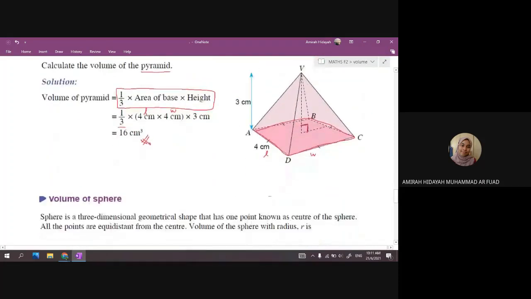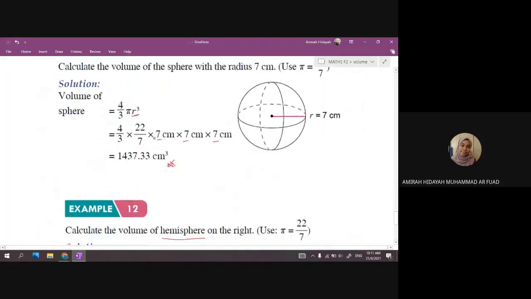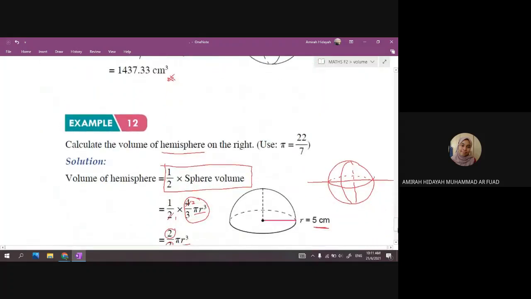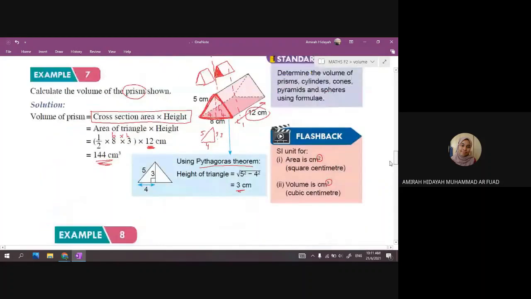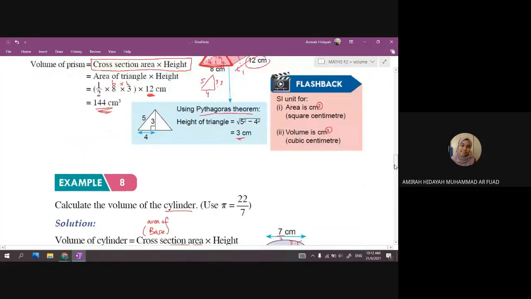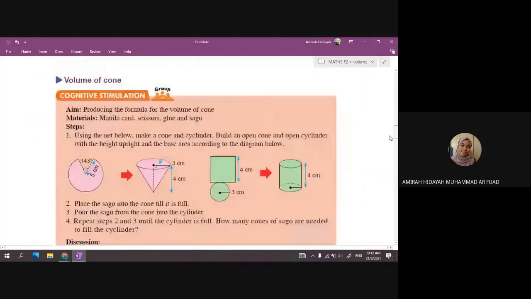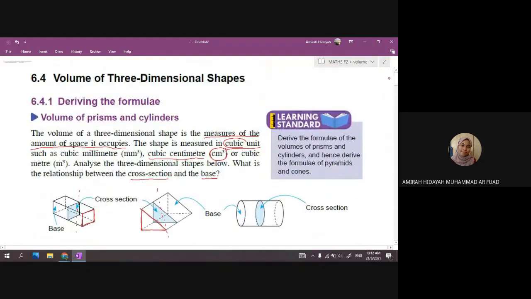Pyramid also area of base. Okay, sphere ni tak ada apa. Okay, so remember prism sahaja yang melibatkan cross section. Prism dengan cylinder. Okay, I have explained dalam video-video yang lepas pasal cross section. Nanti boleh tengok balik. Okay.